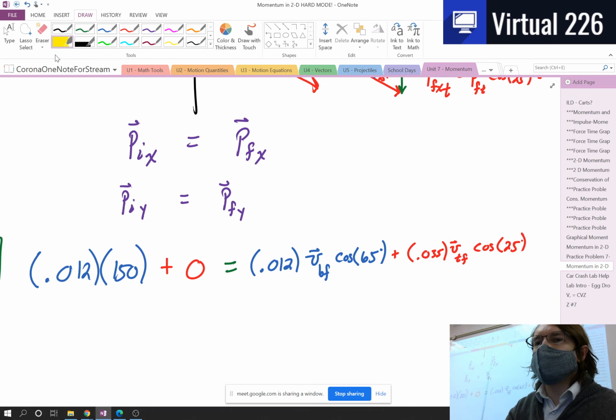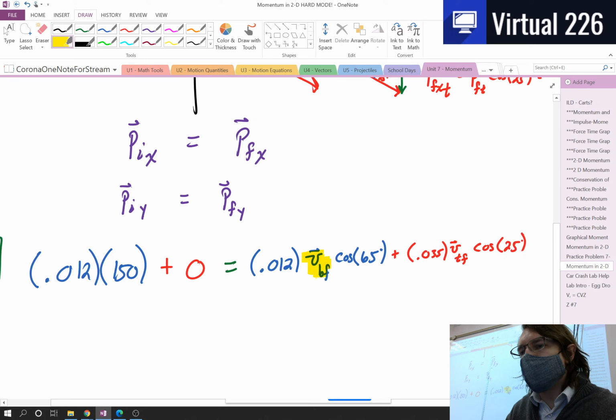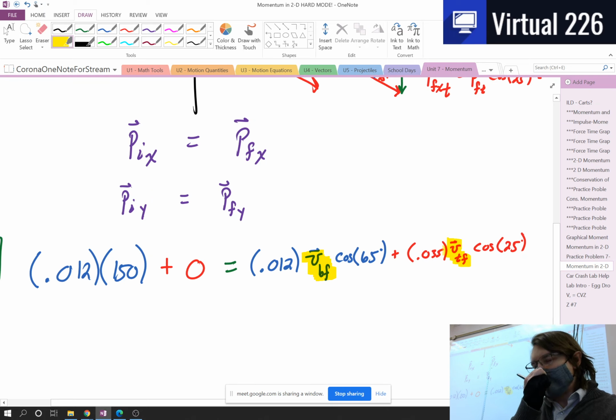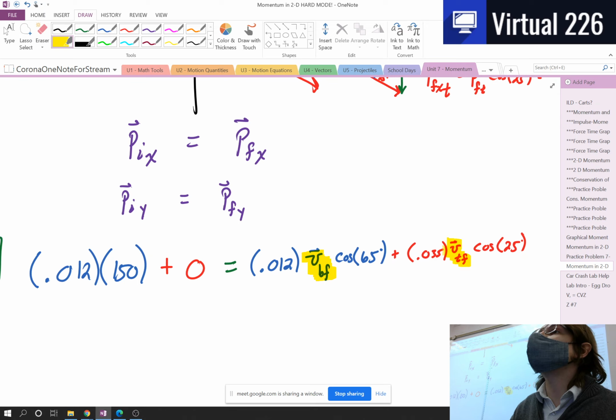Now, if we look at this, a lot of the values we have in this equation in the x direction are just numbers. We could put a lot of these numbers together, but we are trying to solve for the final velocity of the bullet and the final velocity of the tin can. And because these are different objects, these are different variables. We cannot just combine these together like we have in some of the problems before.